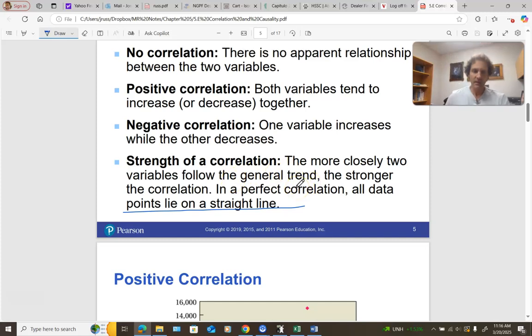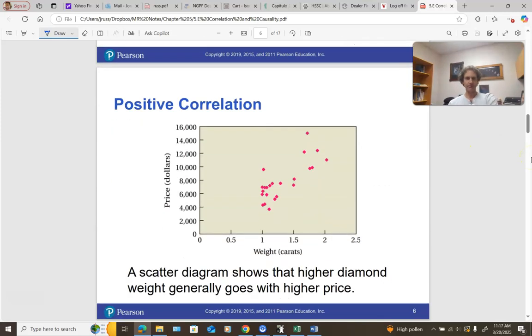Typically you go out and gather this data, and you have all these ordered pairs, and you plot them, and then you can see a trend, but the trend will typically never be perfectly linear. In other words, all those points are never going to make a perfectly straight line. We're going to see some examples of this.